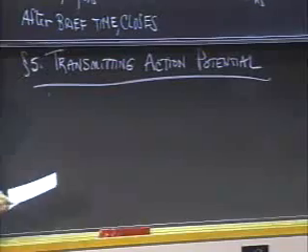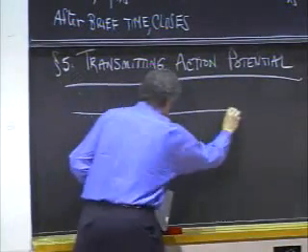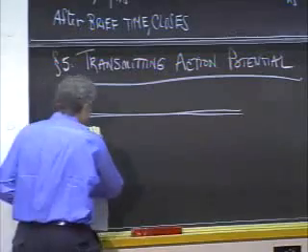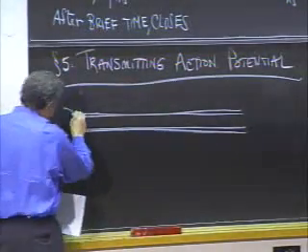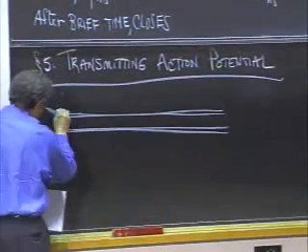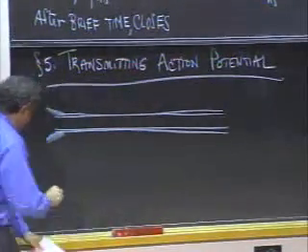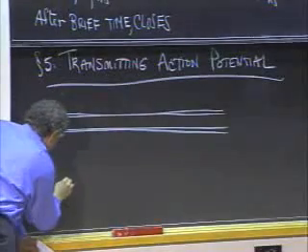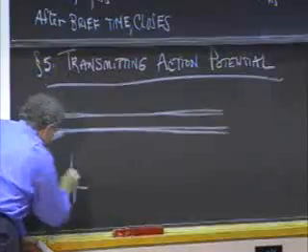Suppose I transmit my action. Suppose I have a neuron here, and over here at the axon hillock, I transiently depolarize to minus 50. Then I fire and fire.